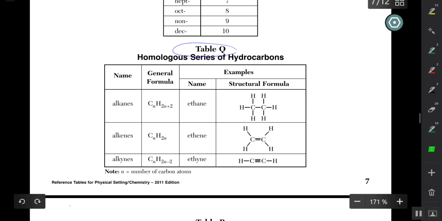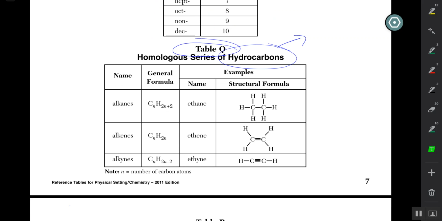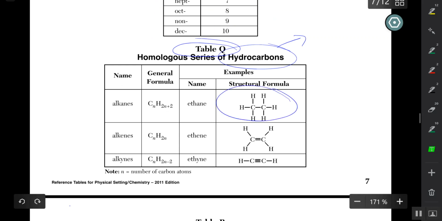Here's table Q, which talks about hydrocarbons. Obviously, these are compounds that are made only of hydrogen and carbon. Homologous series.